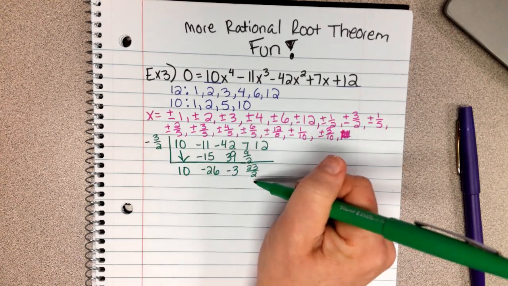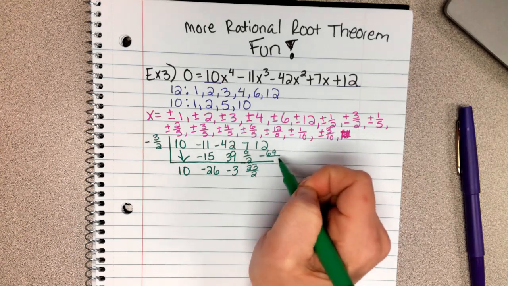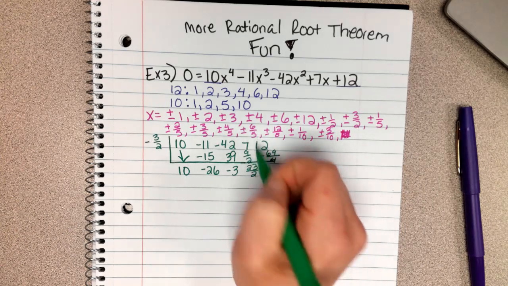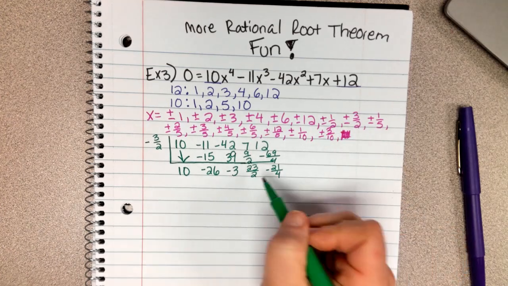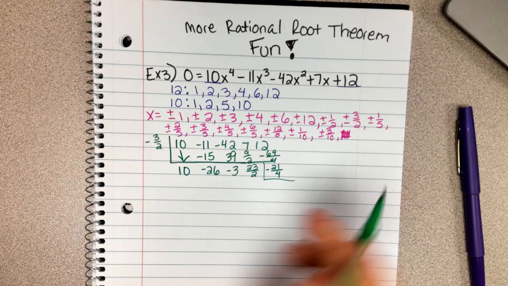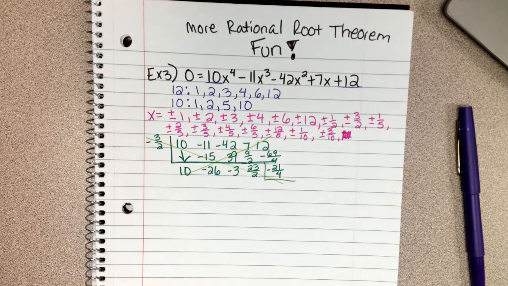Negative 3 halves times 23 over 2, we have negative 69 over 4. Add these two, we get negative 21 over 4. So this is our remainder. Obviously, that is not a solution.